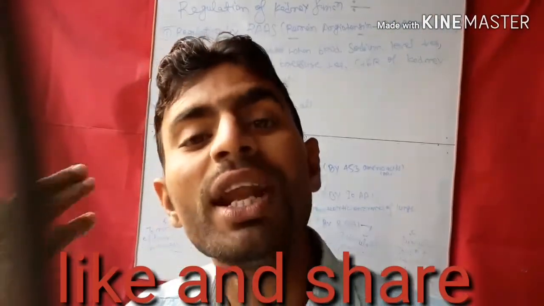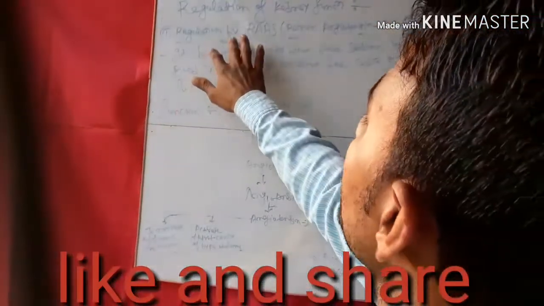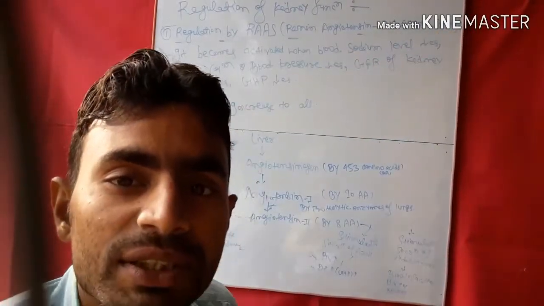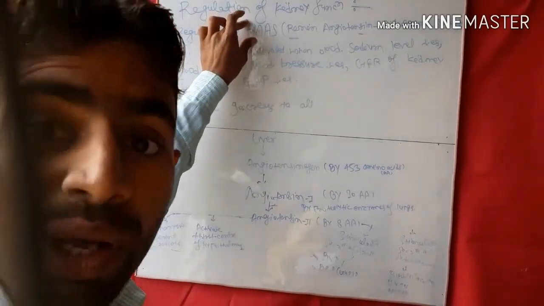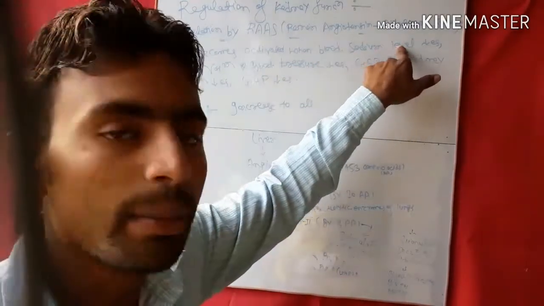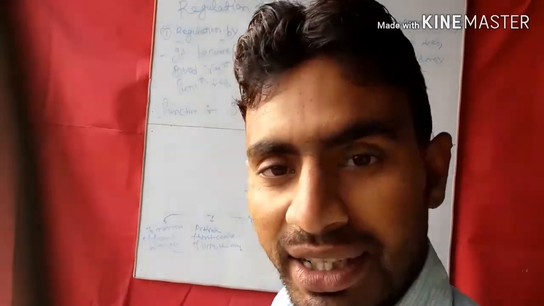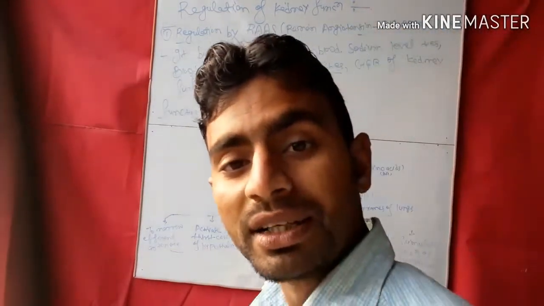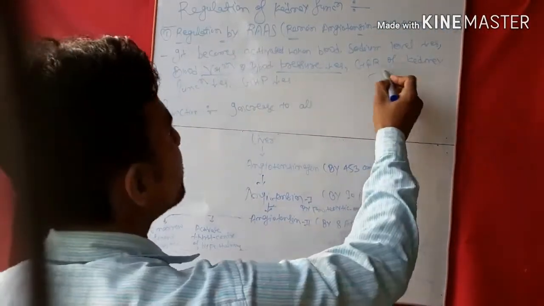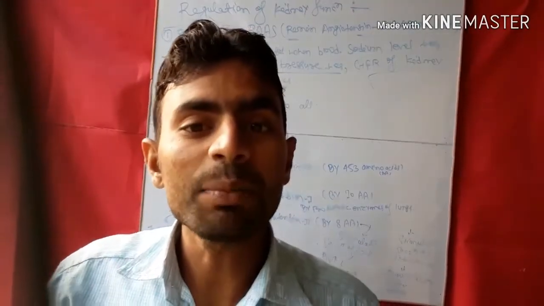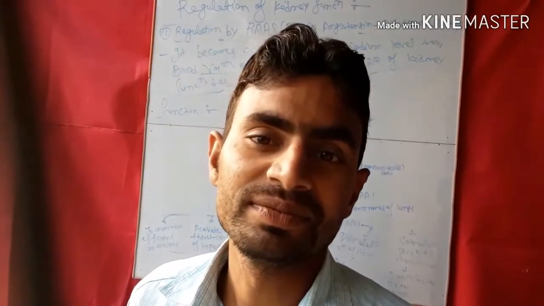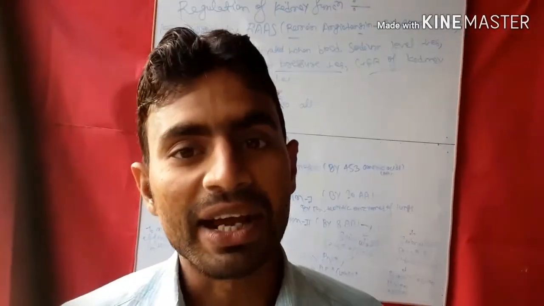RAS becomes activated when blood sodium level decreases, blood volume and blood pressure decrease, glomerular filtration rate of kidney decreases, and glomerular hydrostatic pressure decreases. At that time, RAS is activated.